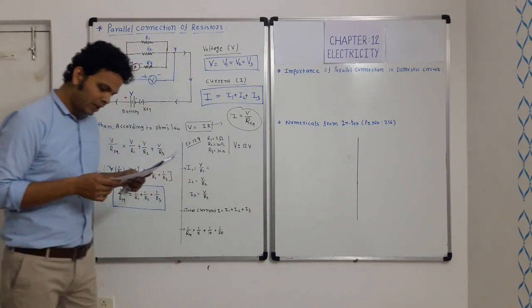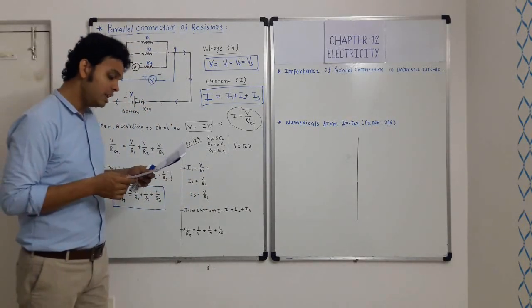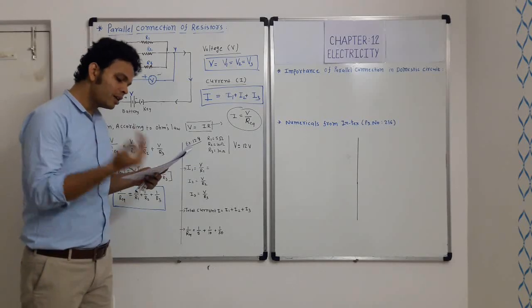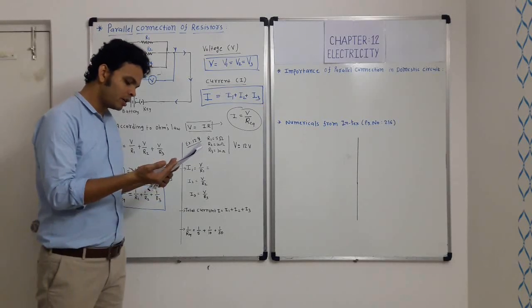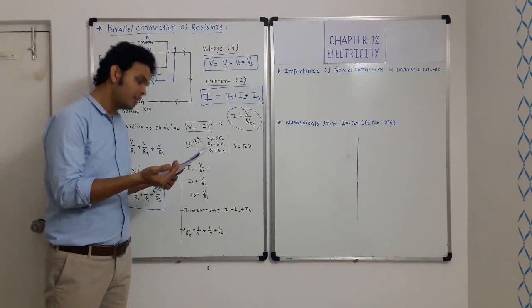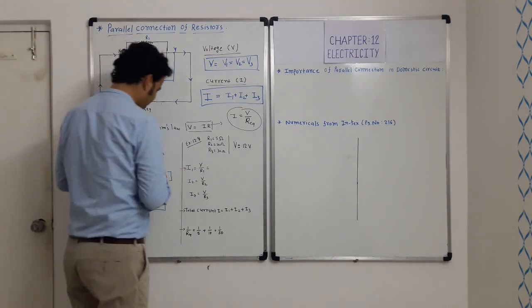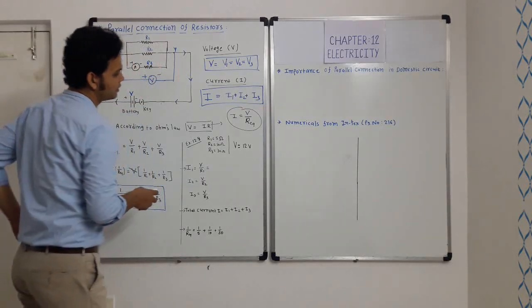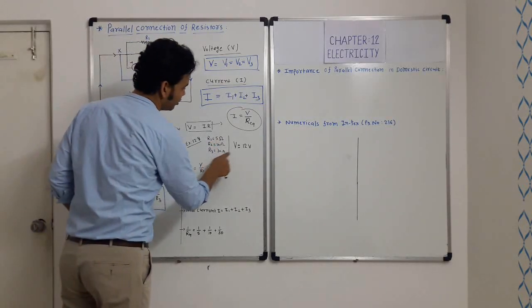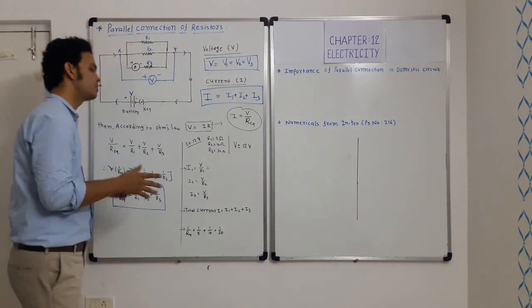We have to find the current through each resistor, the total current in the circuit, and the total circuit resistance. So we have three different values of resistance, 5 ohm, 10 ohm, 30 ohm, and the potential difference is 12 volt.